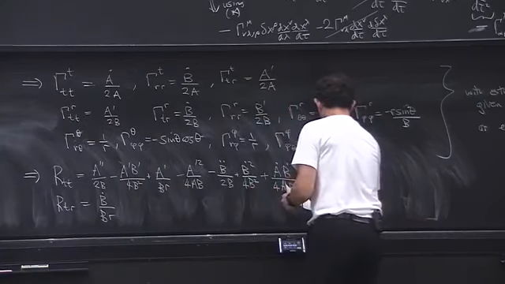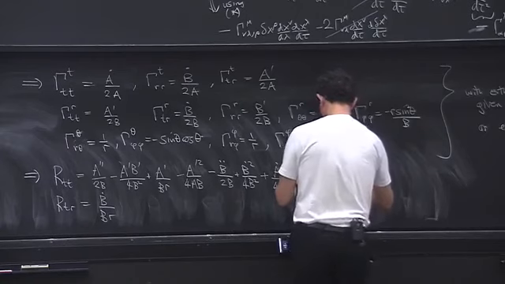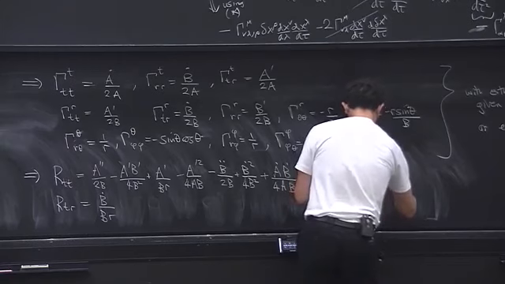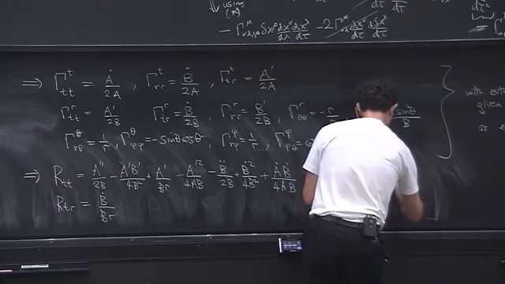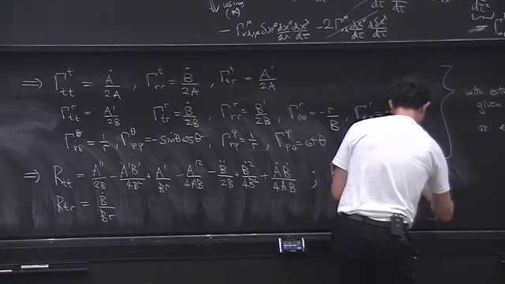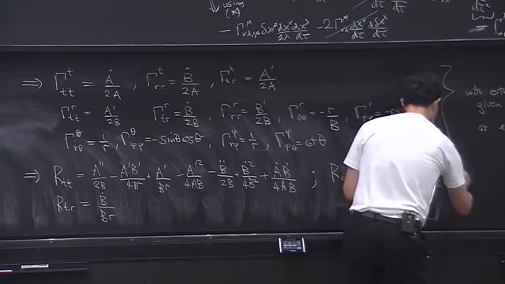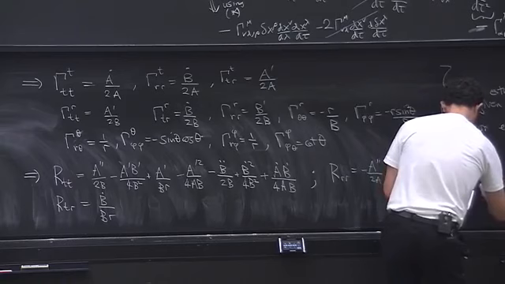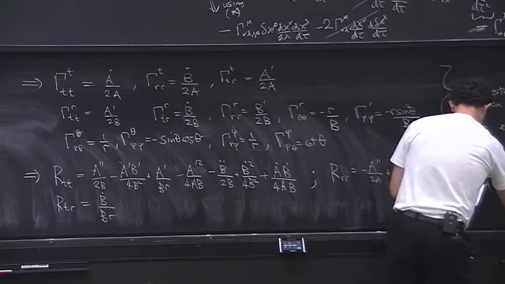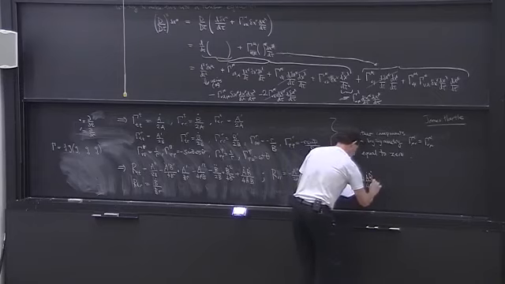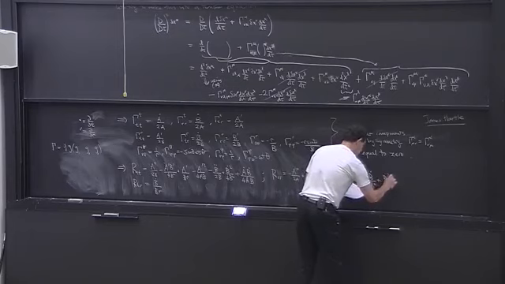We have R rr, which is minus a double prime over 2a plus a prime squared over 4a squared plus a prime b prime over 4ab plus b prime over b r minus b double dot over 2a plus a dot b dot over 4a squared plus b dot squared over 4ab.